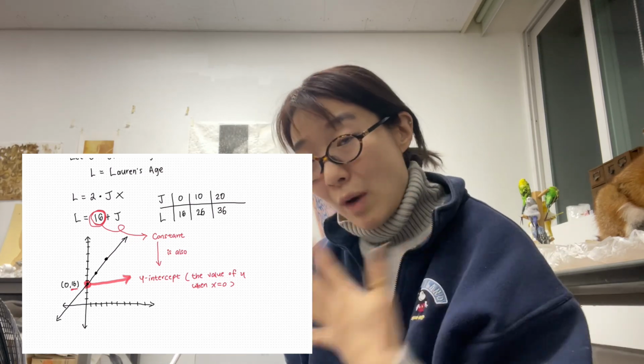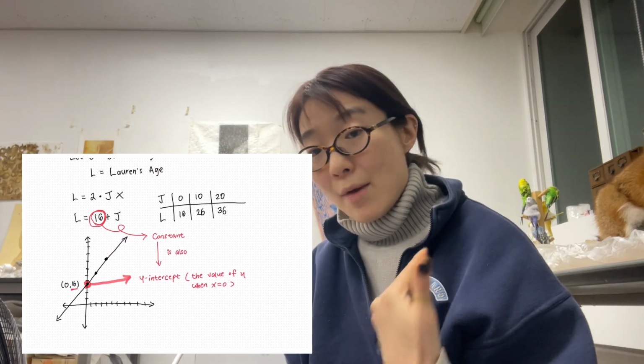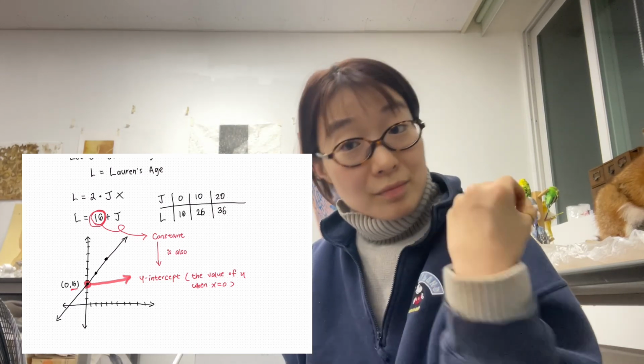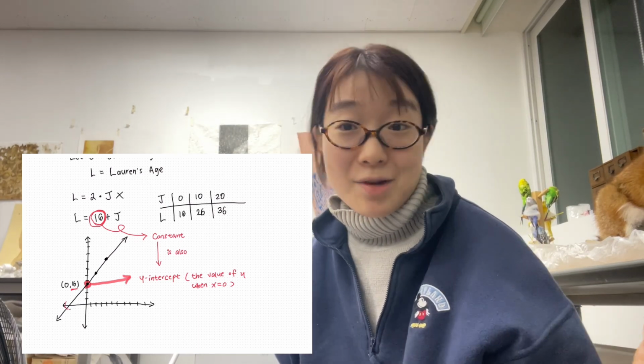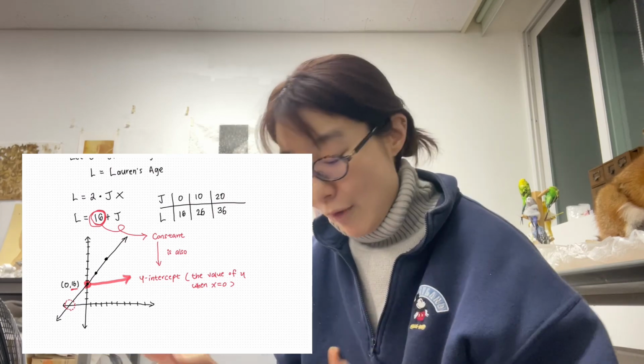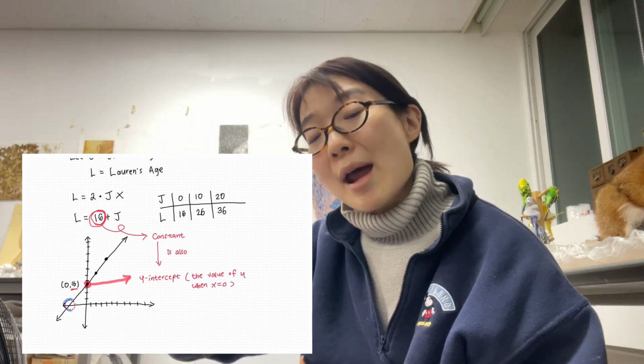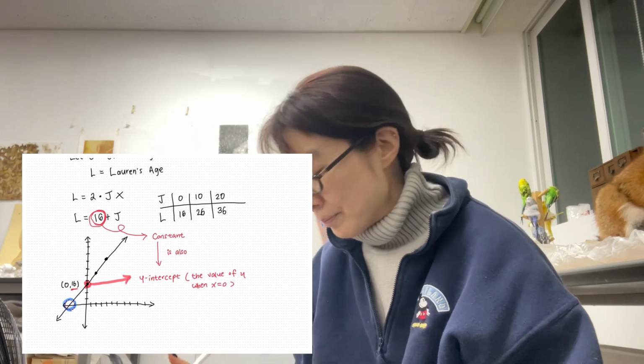So since y-intercept is the value of y when x equals 0, x-intercept means the value of x when y equals 0. L to be 0, right? Because it intersects with the x-axis, so we know that the y value must be 0.